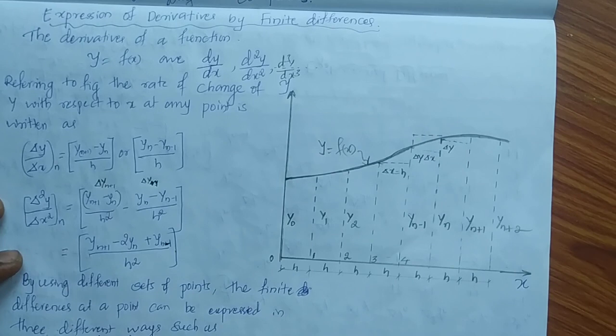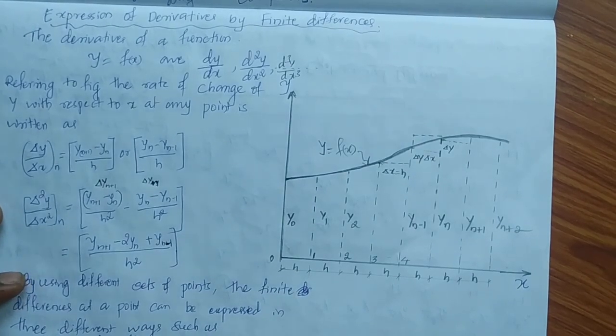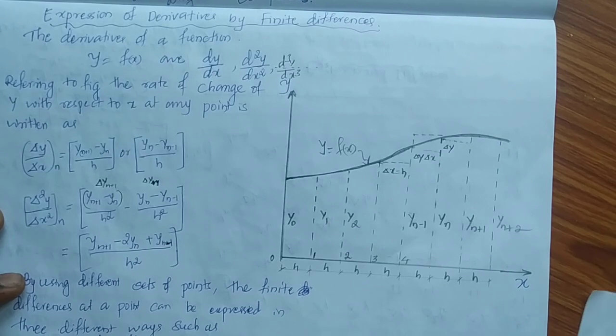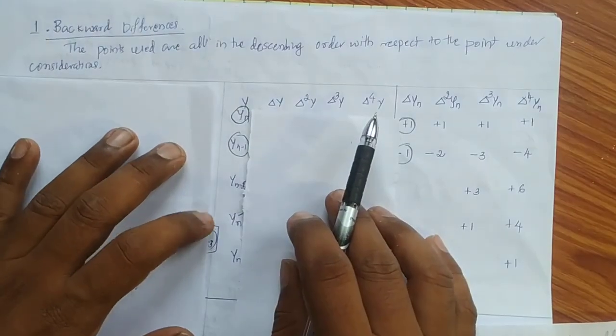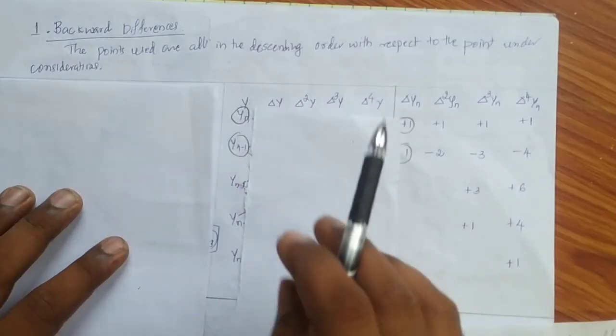Now, there are three different methods to calculate these finite differences. The first one is backward difference, the next is forward difference, and then central difference. Let us consider the backward difference method.